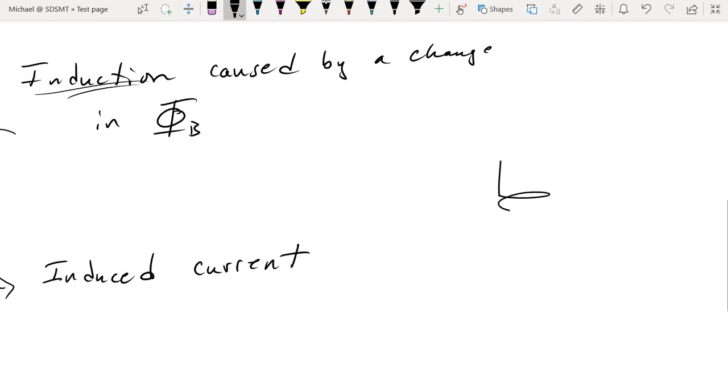So let's say we do have a coil of wire, and the magnetic flux associated with this wire is changing.